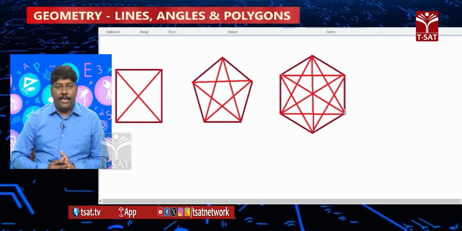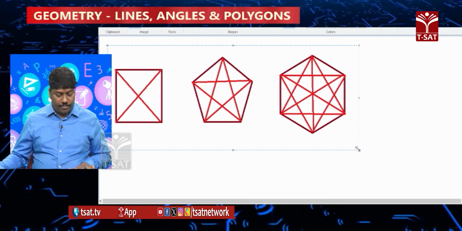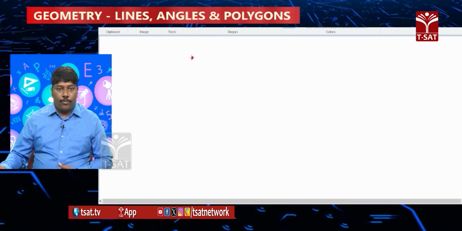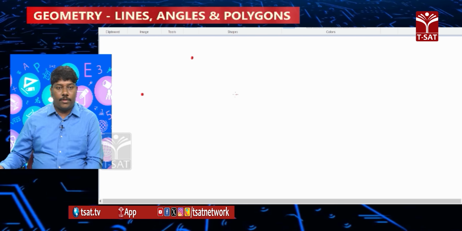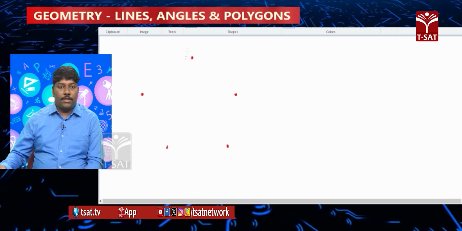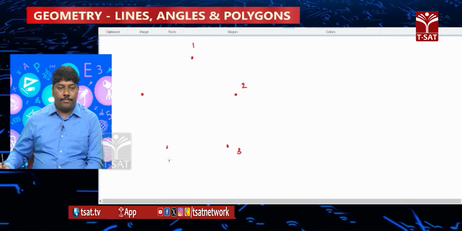So first, let me take 5 points. Just take 5 points and name them 1, 2, 3, 4, 5.